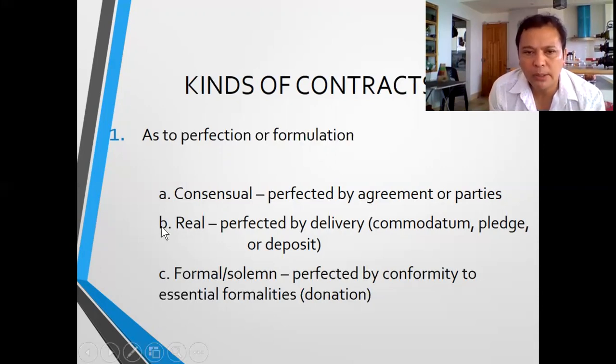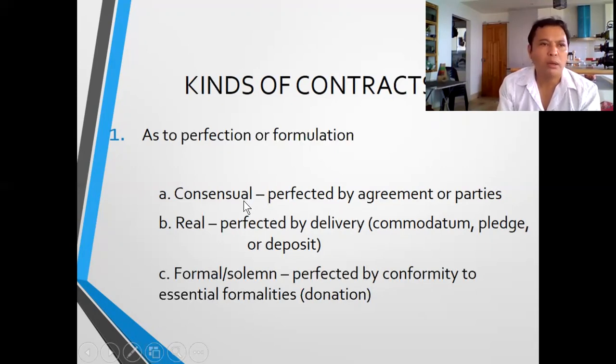Number one is consensual contracts, like a contract of sale. A consensual contract is perfected by mere agreement of the parties without any formal requirement. So without anything written, only by verbal agreement, there is already a contract.